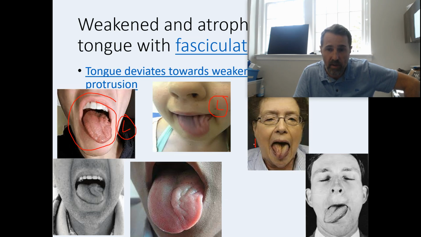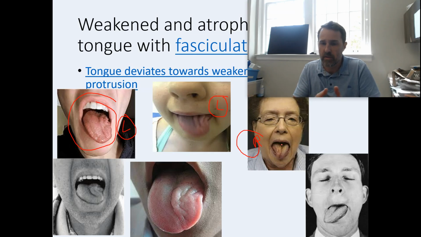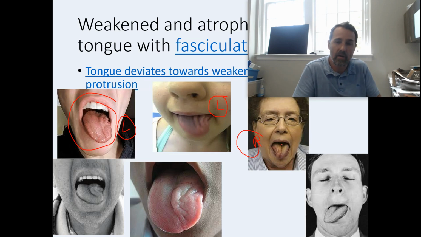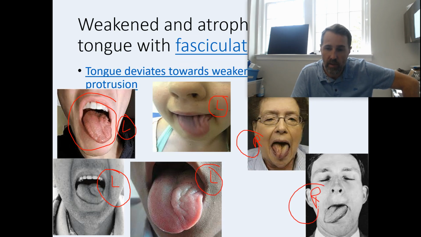And this person, the tongue is deviating to the right. The strong left side of the tongue is pushing the weakened side over to the right, indicating a right lingual weakness. This guy, left lingual weakness, left and right.